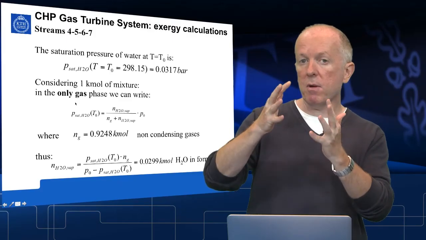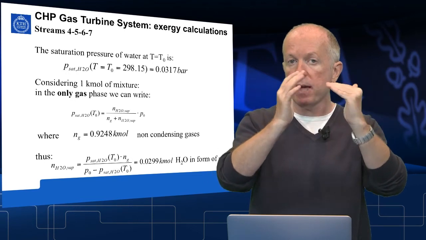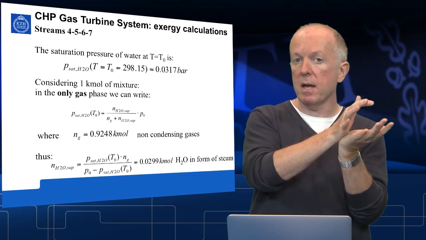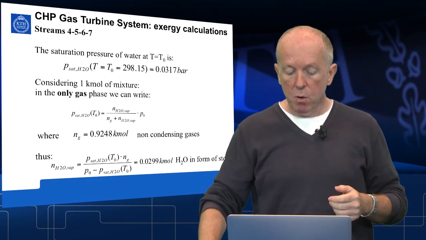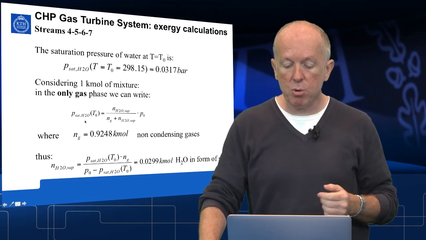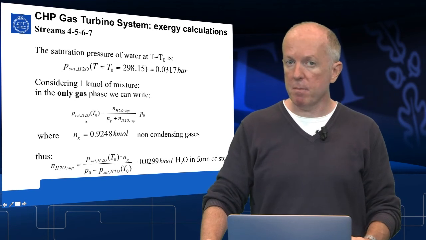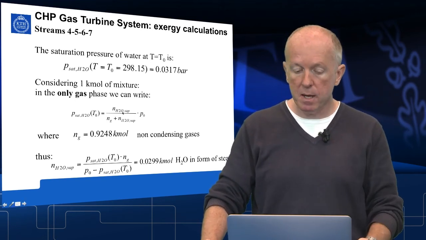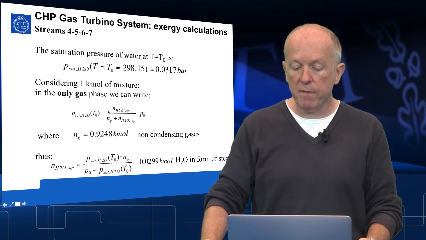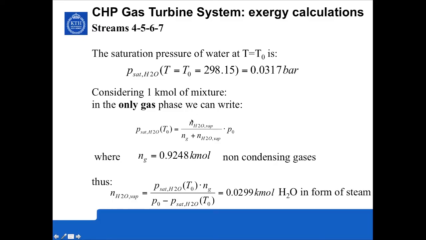so considering the water which has remained in the mixture in the form of gas with the other stable gases, oxygen, CO2, and nitrogen, we can calculate the partial pressure of this mass of water still in the form of gas with this simple ratio of moles multiplied by P0, which is the pressure in the state that we are evaluating.